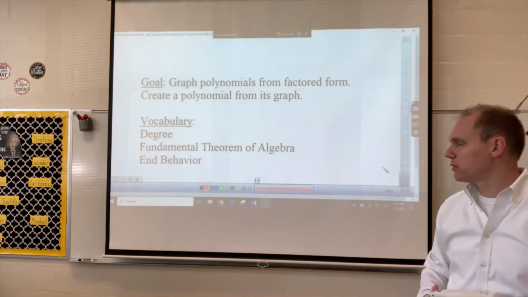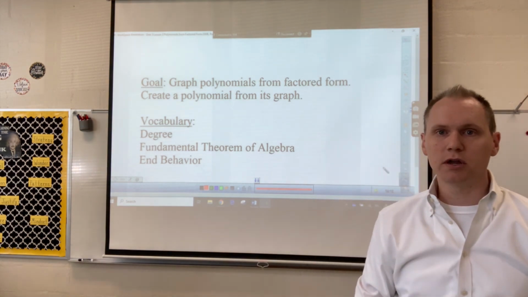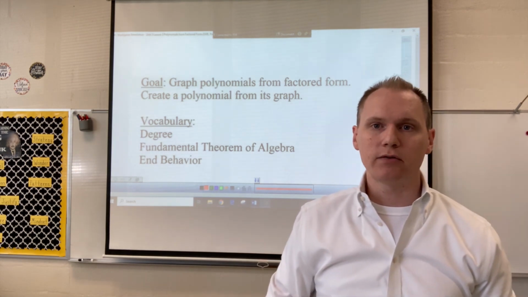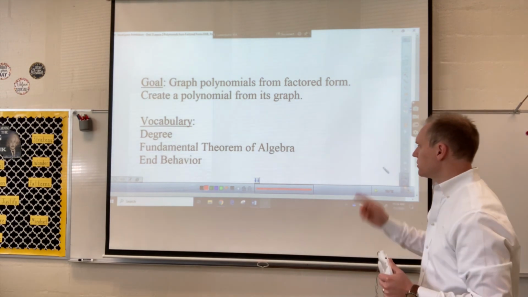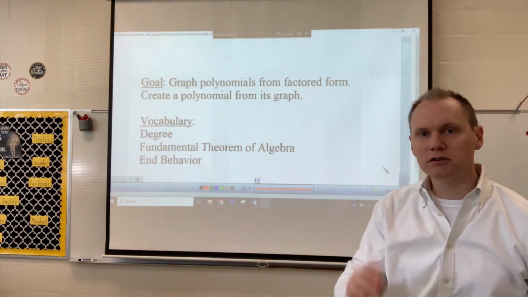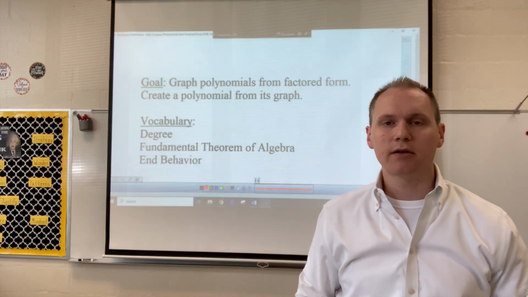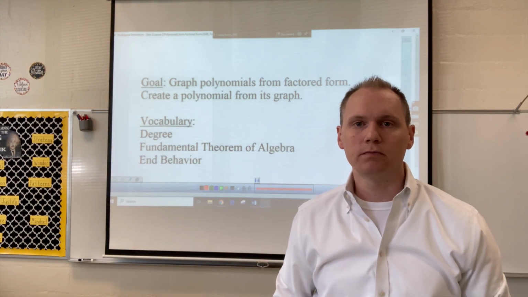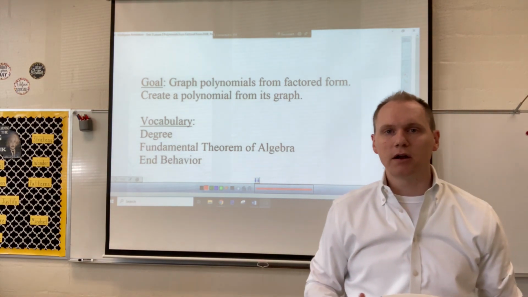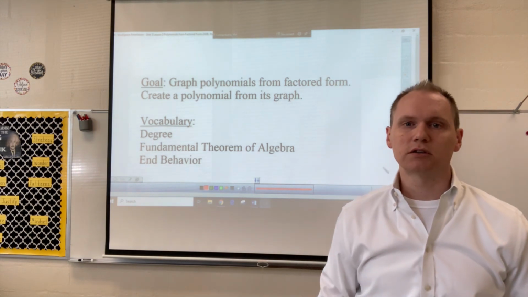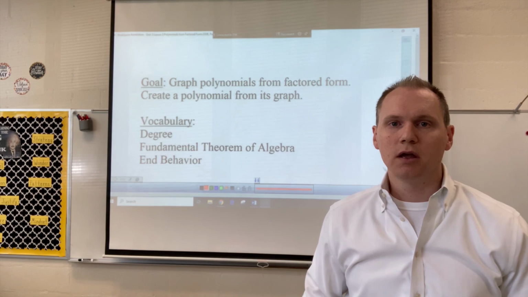We've been talking about the fundamental theorem of algebra, which is that the highest exponent or degree should match the number of roots you have, although some of them may be repeated or imaginary. And then lastly, we talked about end behavior and the 4 cases that we could be in, and how to recognize which case you're in and how that helps you graph the polynomial. So again, hopefully that's a good introduction to these ideas. In our next video, we're going to talk about more characteristics of polynomials and get into more detail with end behavior. And we'll hope to see you then.